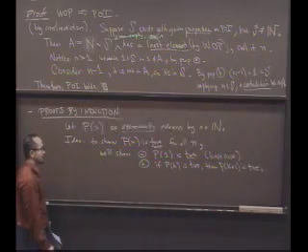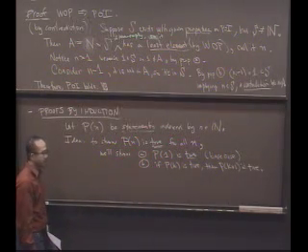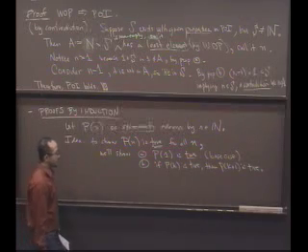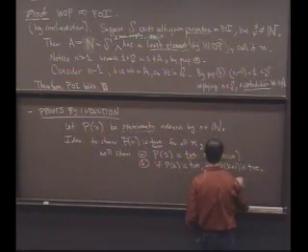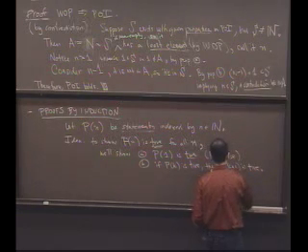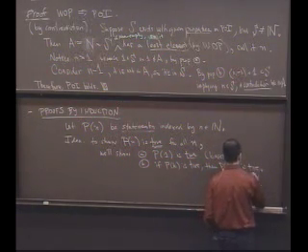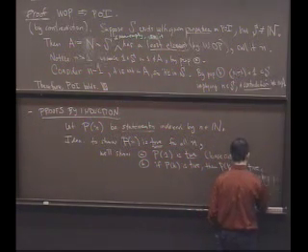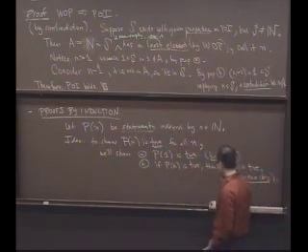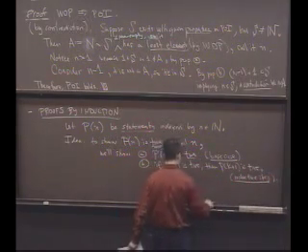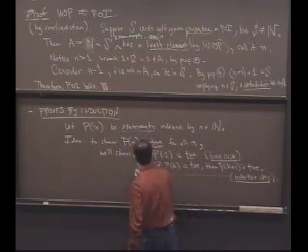Okay, and this also has a name. It's called the inductive step. So this is the inductive step. Okay. Base case, inductive step. The inductive step is this entire piece right here.